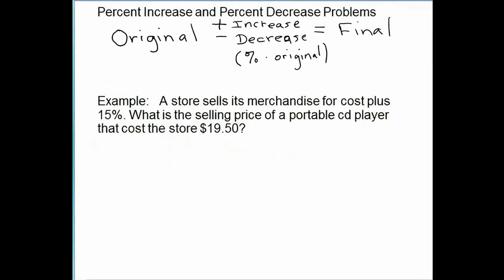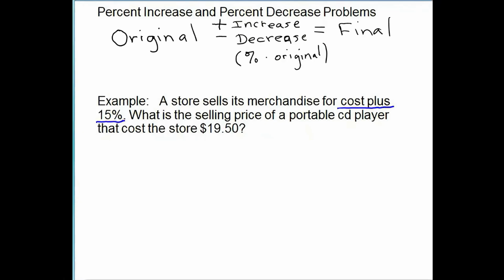A store sells its merchandise for cost plus 15%. What is the selling price of a portable CD player that costs the store $19.50? So the store sells its merchandise for cost plus 15%.